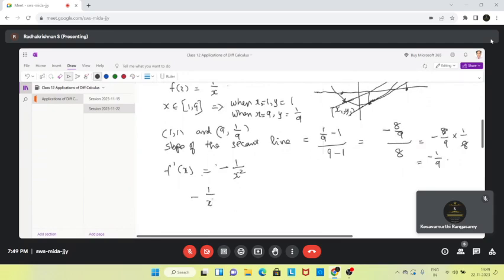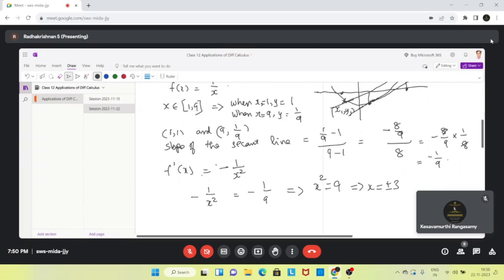Minus 1 by x square is equal to minus 1 by 9. That means x square equal to 9, so x is plus or minus 3. Out of this, it has to be in the open range, right? So x is in the range 1 to 9. So only plus 3, because minus 3 is not in this range.